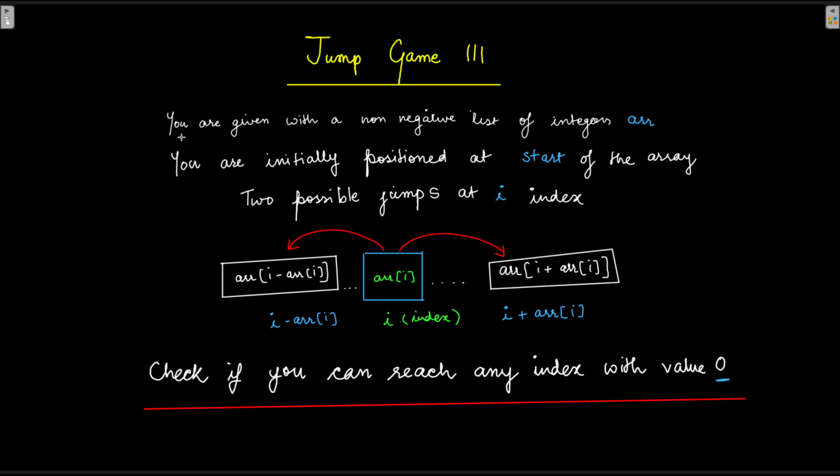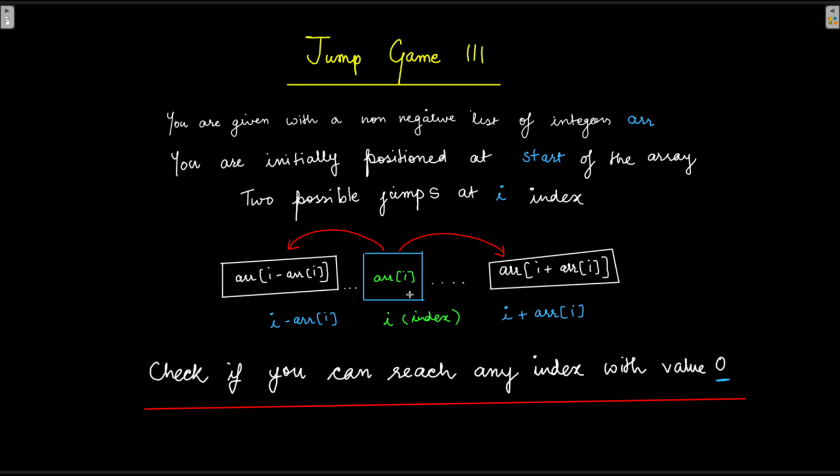So we are given a non-negative list of integers, that's an array. And we are initially positioned at the start of the array. There are two possible jumps at any index. We could be positioned here, and we can look at the value of this current index. So at index i, the value is going to be arr[i].